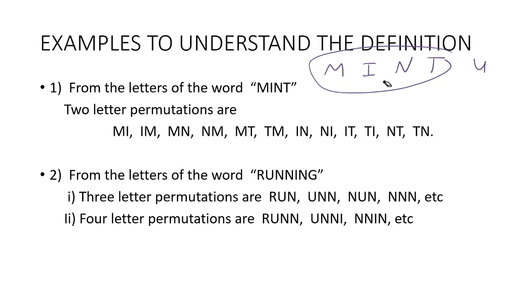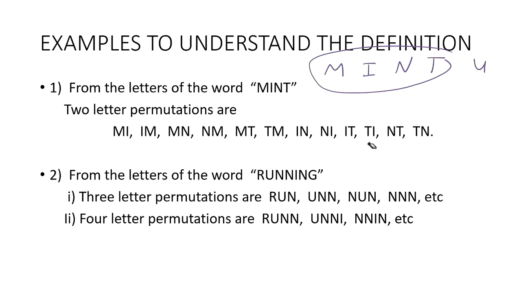When they are asking for two-letter permutations, you have to select two items from these 4 and then arrange them in a row. So first if I select M and I, I can arrange them like this: MI and IM. If I select M and N, I can write it as MN and NM and so on. So these are a few two-letter linear permutations.